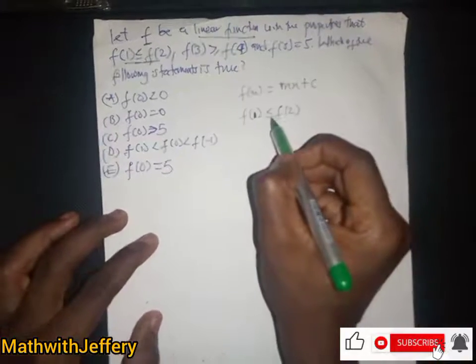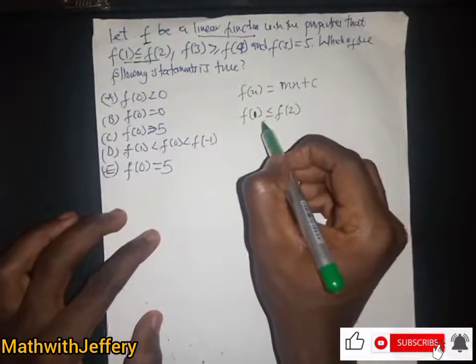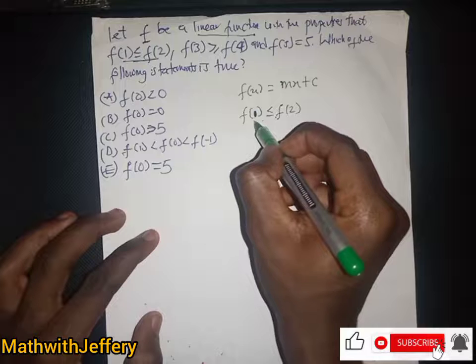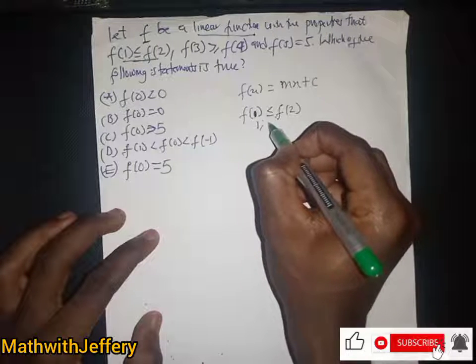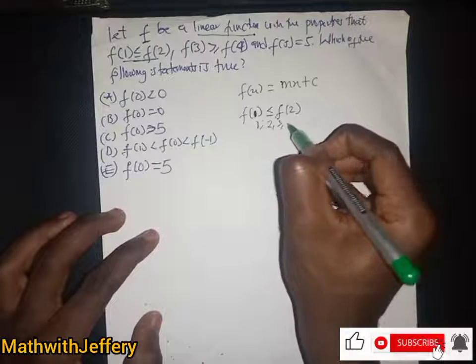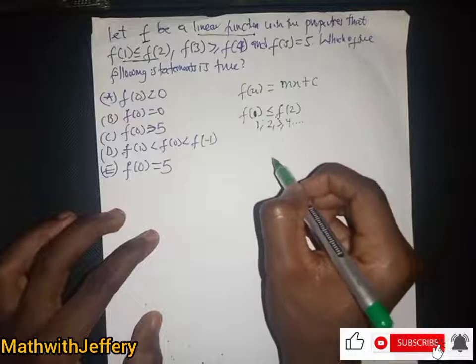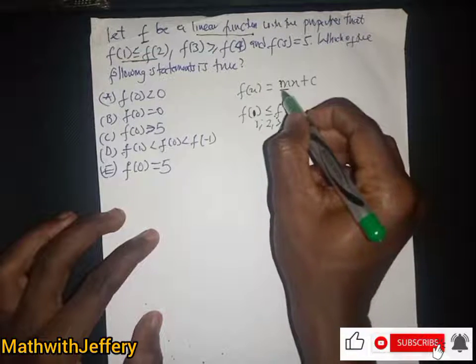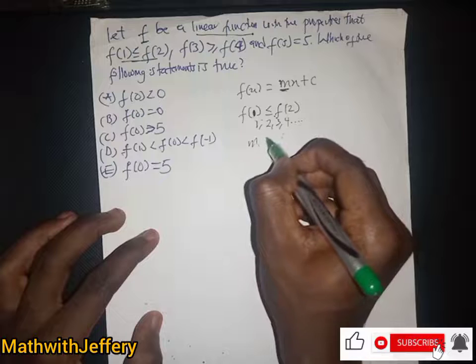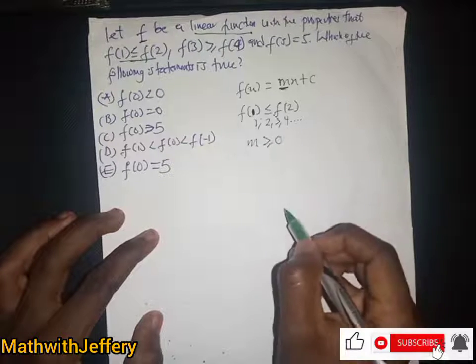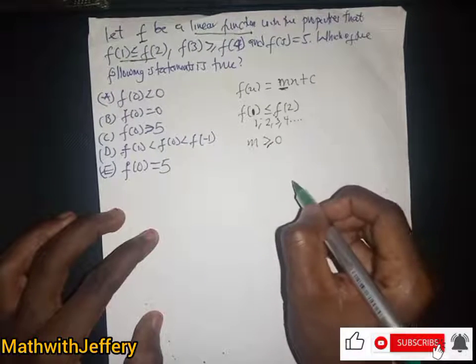You realize that the values of x are just going to be 1, then 2, 3, 4, continuously. Now this implies that the gradient m should be values greater than or equal to 0.